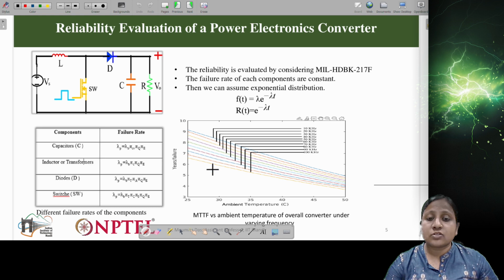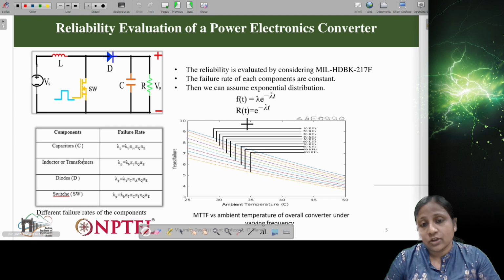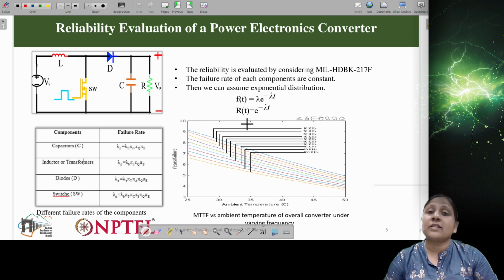So as we consider this high frequency operation, obviously the failure rate will increase. Then we have to find a way to maintain the failure rate. Let's say it is 9 years and it is 6 years. Instead of 6 years, how do we improve it to 9 years even at 100 kilohertz operation? That is where our role comes in.